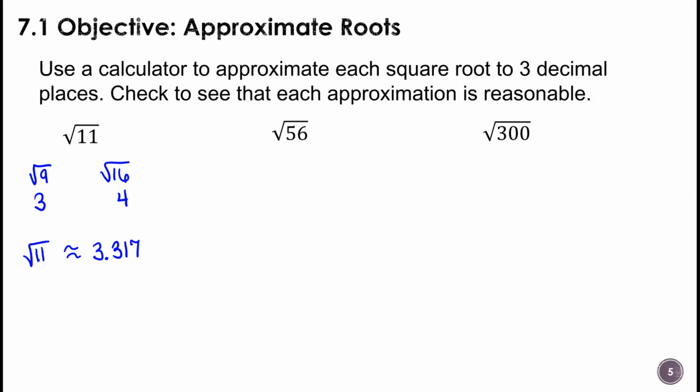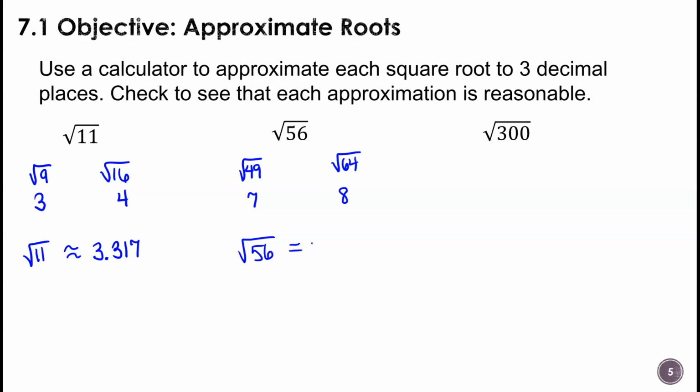So then if we look at the square root of 56, that's between the square root of 49. This is what I'm talking about. When you're checking to see if your approximation is reasonable, this can help, all right? So if I'm looking at the square root of 49, which is 7, and the square root of 64, and that's 8, so I know that the square root of 56 is between 7 and 8.